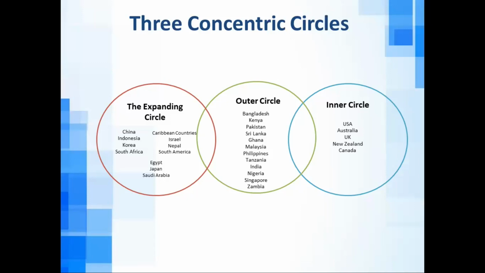On the outer circle, these are the countries belonging to the ESL, or English as a second language member countries, and the expanding circle are the EFL, for which English is their third or fourth language. They primarily use English for international relations or affairs.